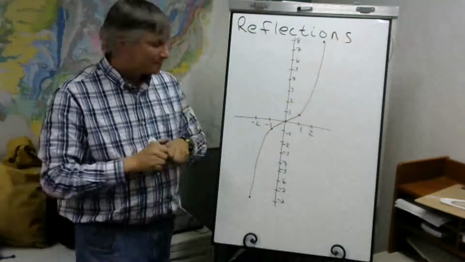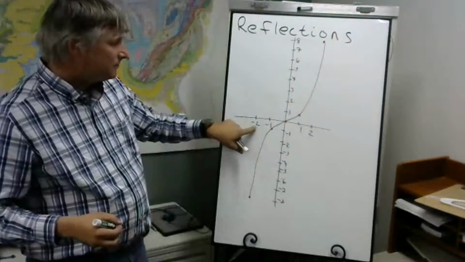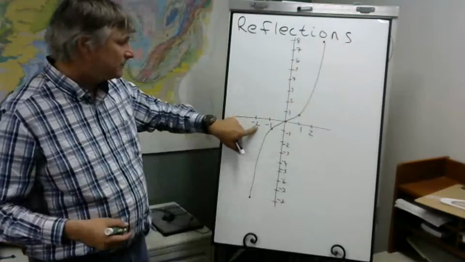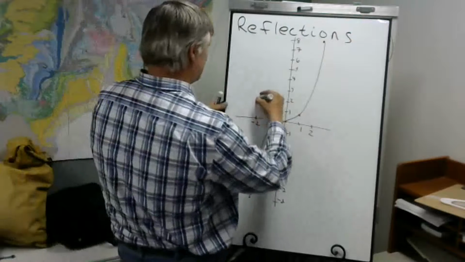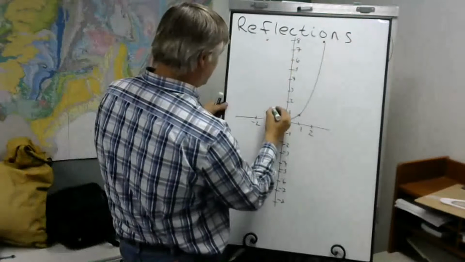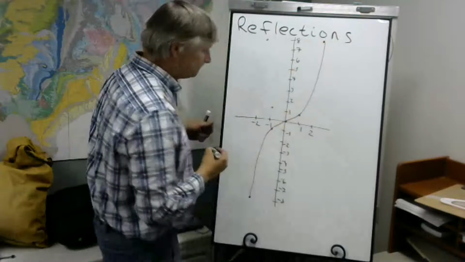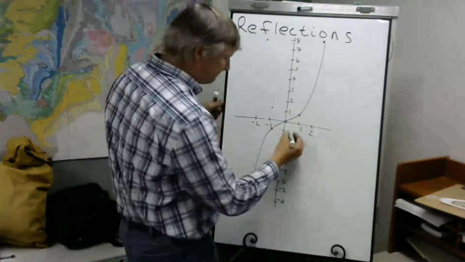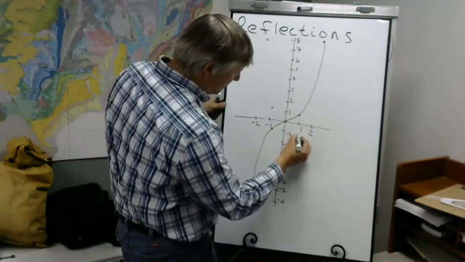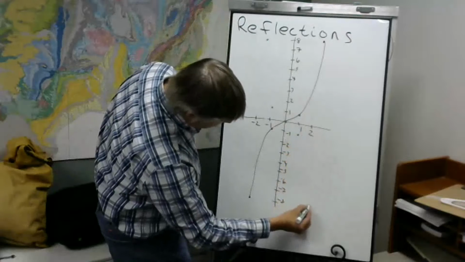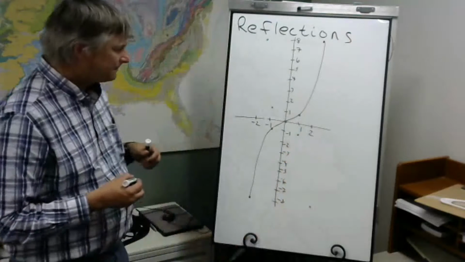Now for the other ordered pairs. Negative 2, we have f of negative x. Negative 2 gives you an output of positive 8. And negative 1 gave you an output of 1. 0 and 0 is there. 1 gave you an output of negative 1, and 2 gave an output of negative 8.